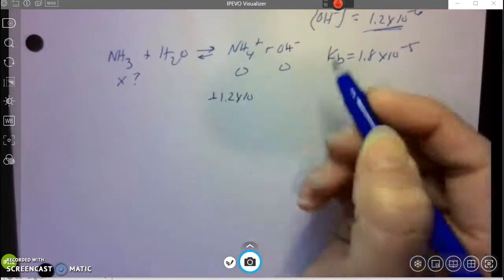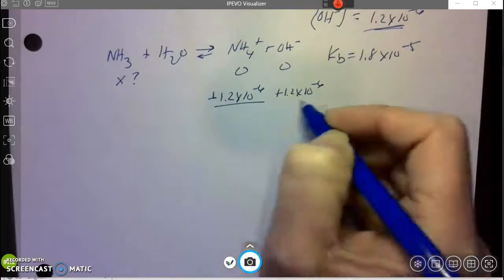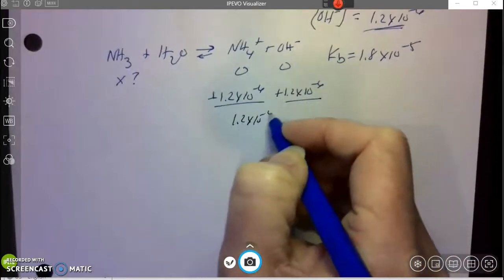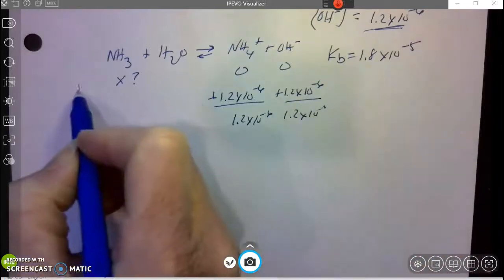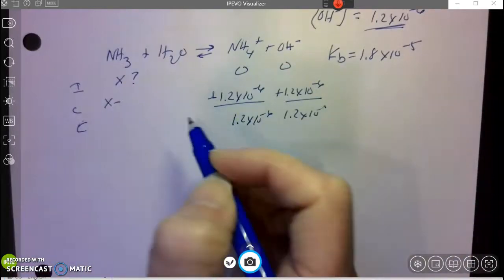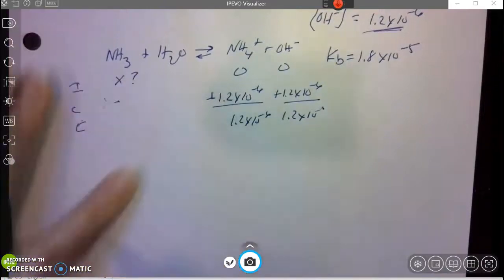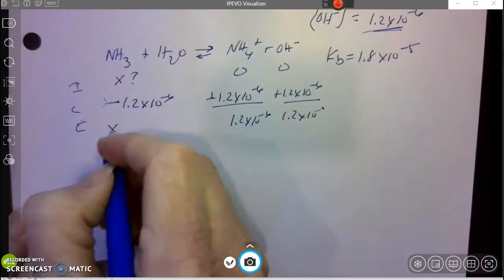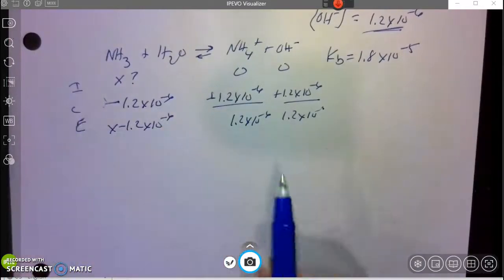So it's a little bit different process. Usually we're trying to find what the shift is. This is, hey, this is what we need for this one. So if I'm creating this on this side from my ICE chart, I have to be losing it from this side. So this is minus 1.2 times 10 to the minus 6th. So that is going to be my equilibrium concentration.